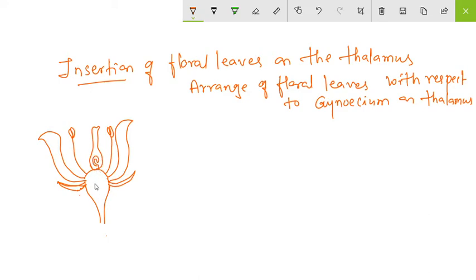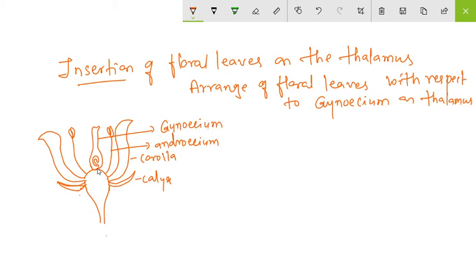So when the thalamus is club shaped or concave, in that case the gynoecium is present at the tip, and below the gynoecium all floral parts are present. That means the calyx, corolla, androecium, and the gynoecium.